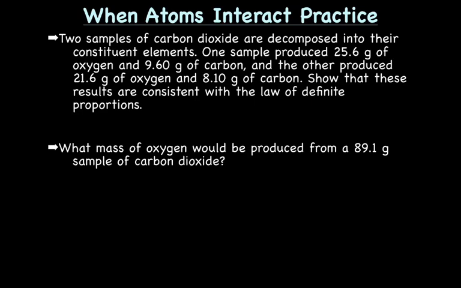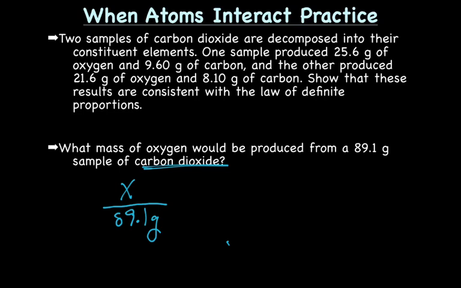A little bit more tricky, right? We know the total mass of the compound, it's 89.1 grams. What we're trying to find is the mass of oxygen, which would be this here.